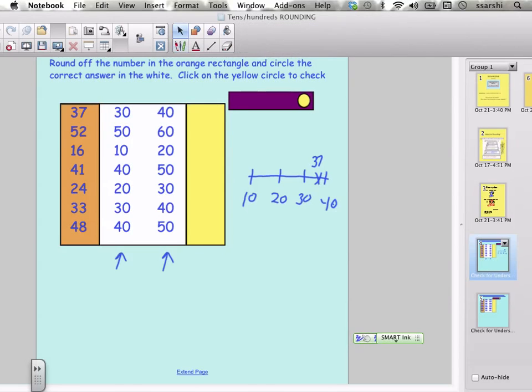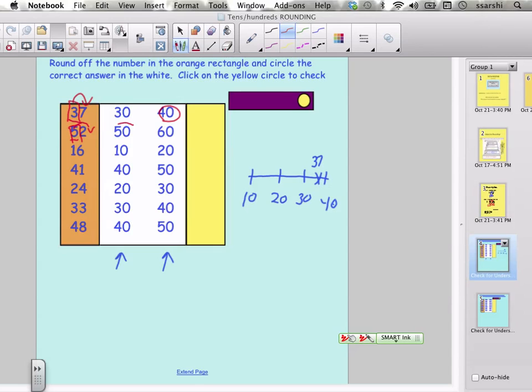But if we go back to the way we've worked it out, I underline the digit, I build the house, I look at the neighbor, which is a 7, I give the 3 a shove, and in this case, I would say 40 is my answer. The next one, you do the same thing, build the house, look at the neighbor.